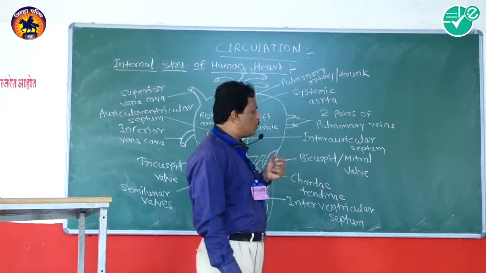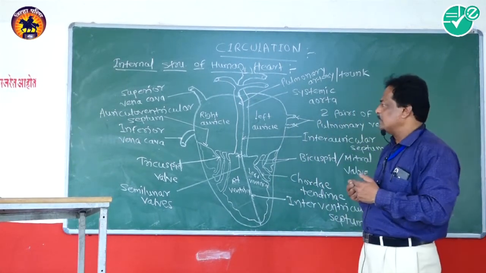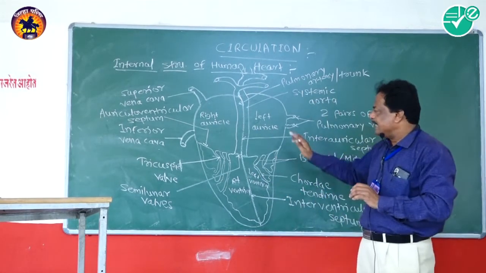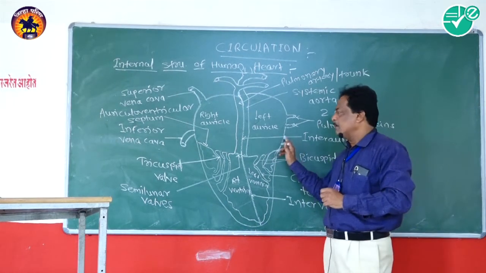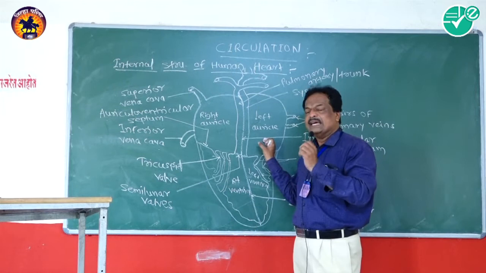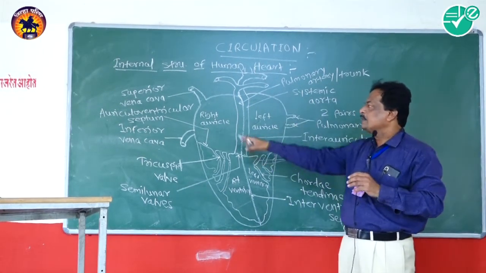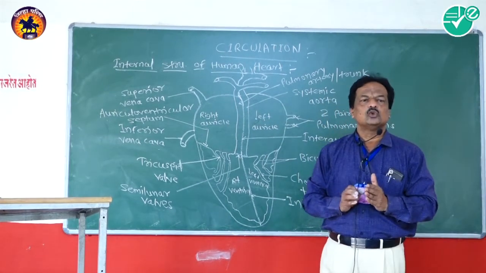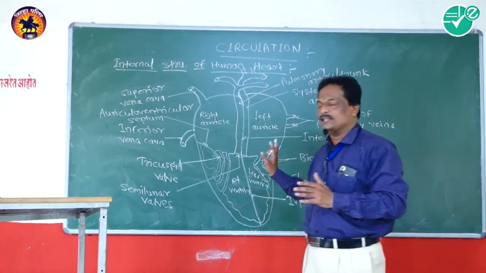Why are auricles known as receiving chambers? Because they only receive the blood coming from different parts of the body. That's why the walls of the auricles are thin as compared to the walls of the ventricles.